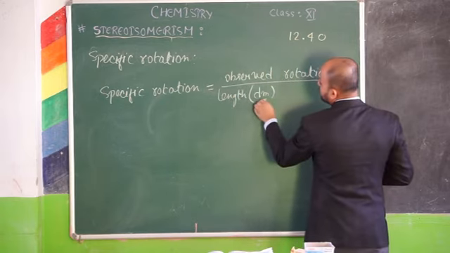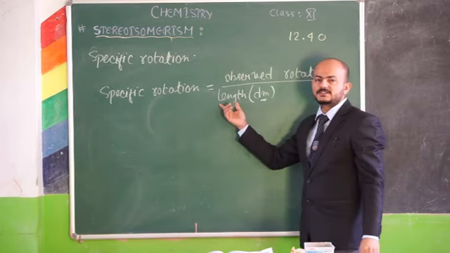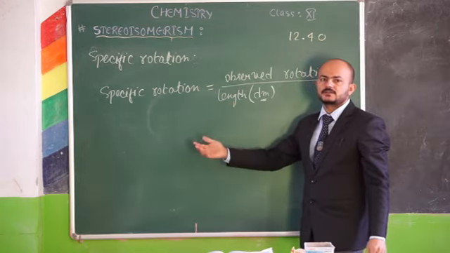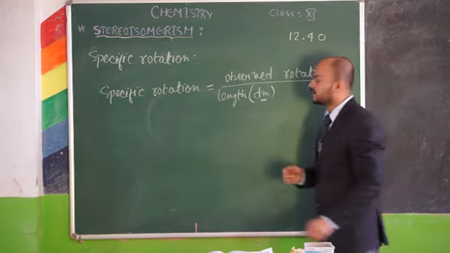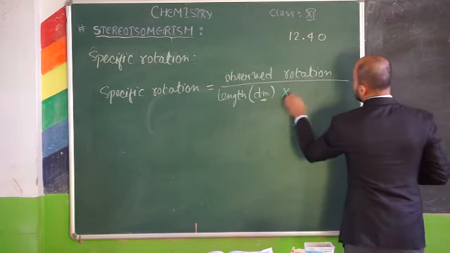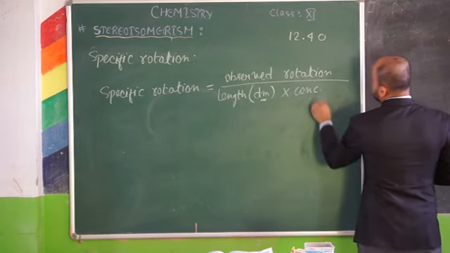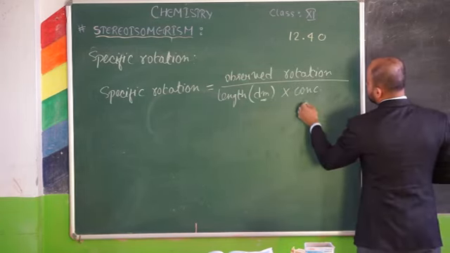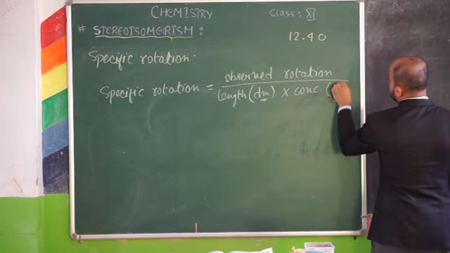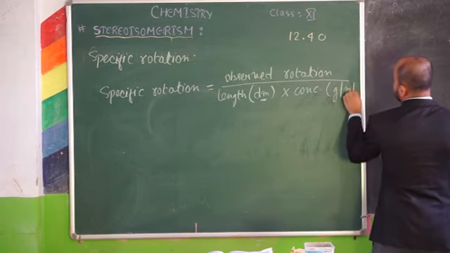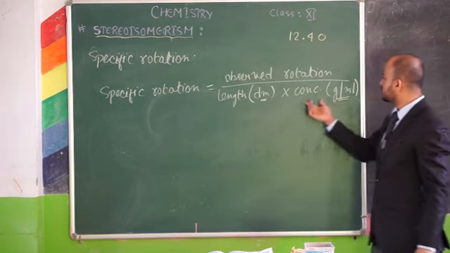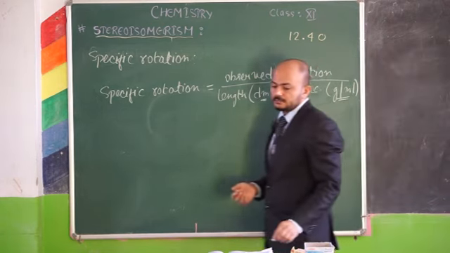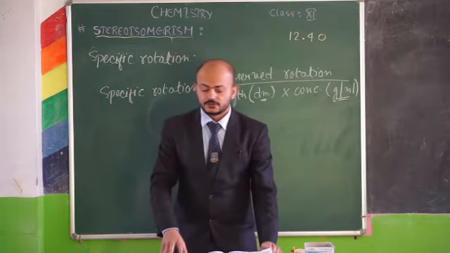Please remember this decimeter part, okay? Whether it is given in millimeter or centimeter or meter, you need to convert it into decimeter. Please remember that. And into concentration of the solution, and it has to be in gram per milliliter. Here also you have to remember, length has to be in decimeter and concentration has to be in gram per milliliter.